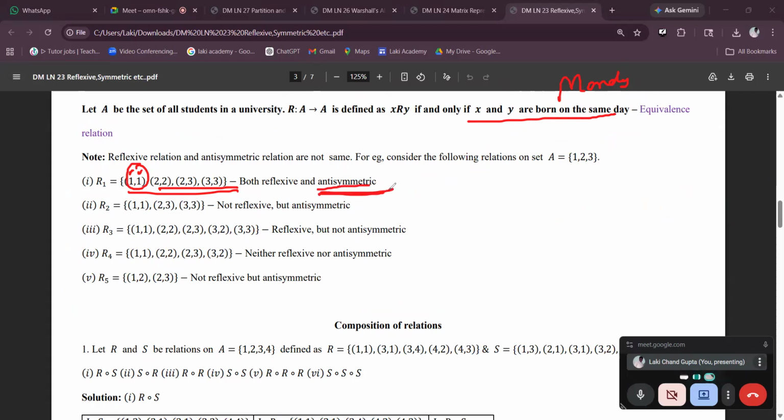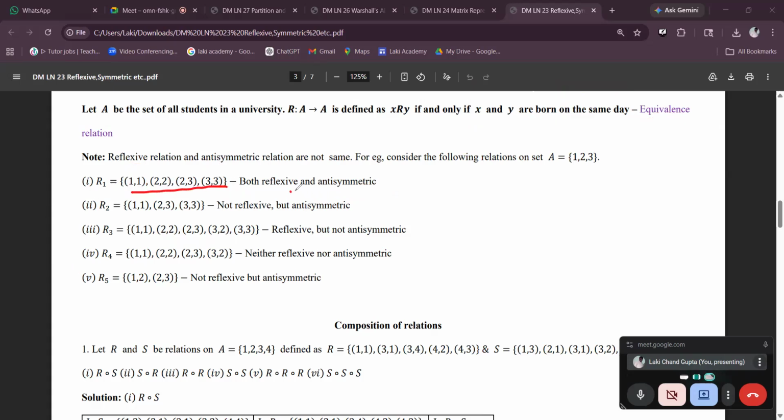Sorry, also antisymmetric. No, no, that is a different question, right? This is an equivalence relation. And this is also transitive, right?